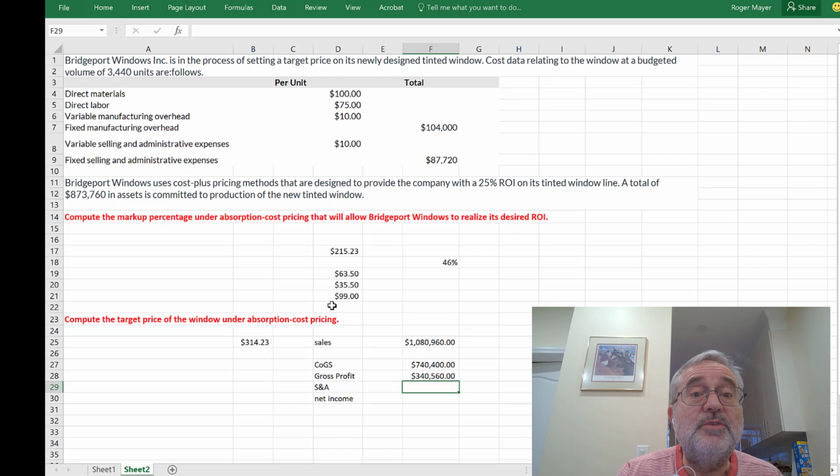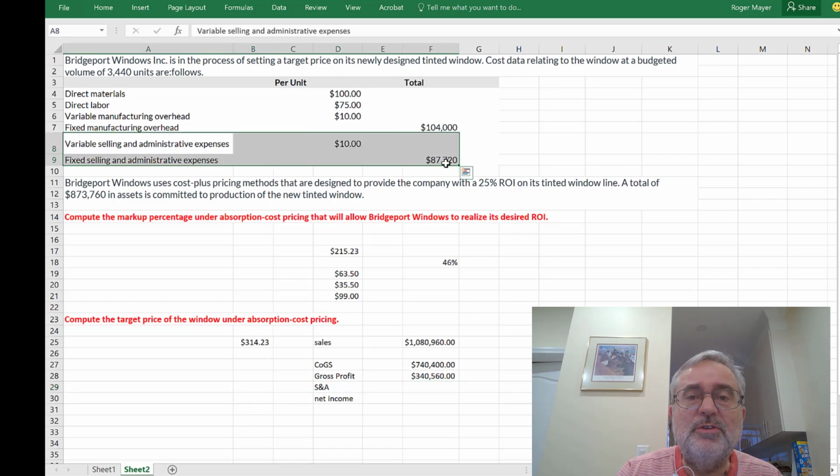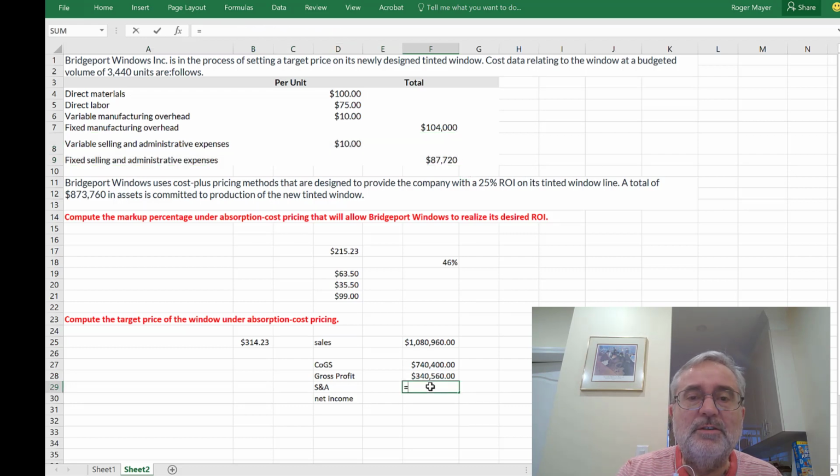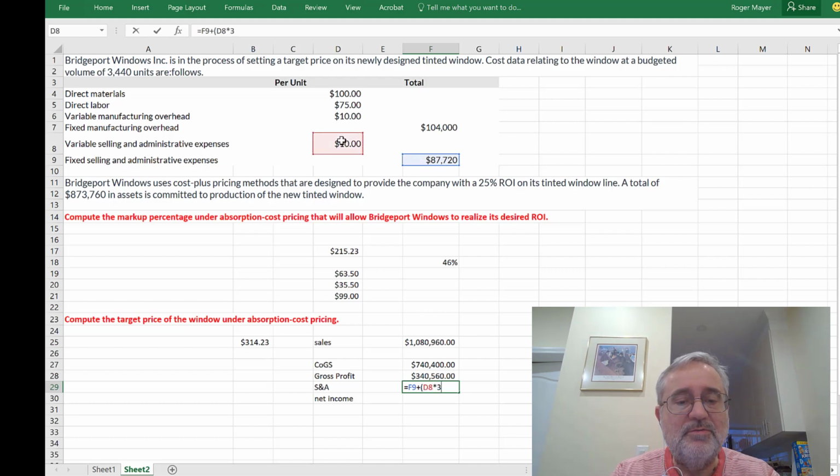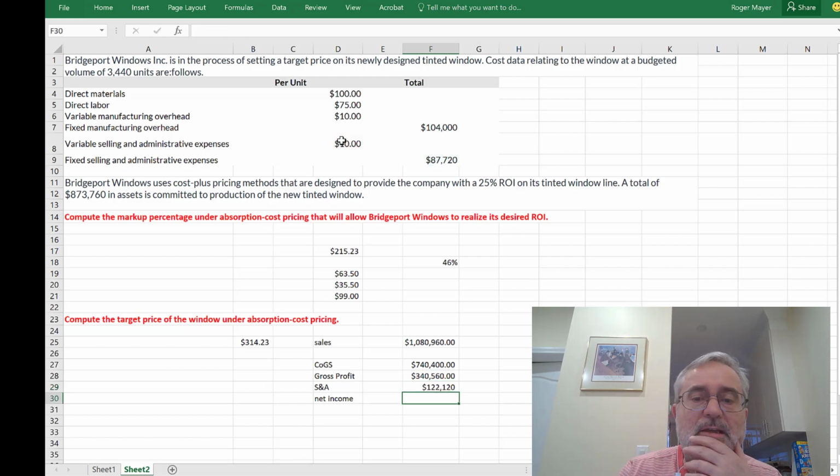Sales and administrative are these expenses that we see down here. So it's $10 per unit plus the $87,720. So we add the $87,000 plus the $10 times the 3,440 units, and this is $122,120.